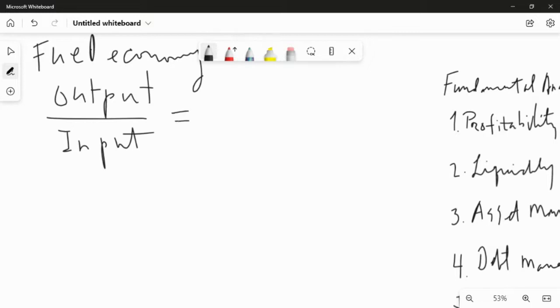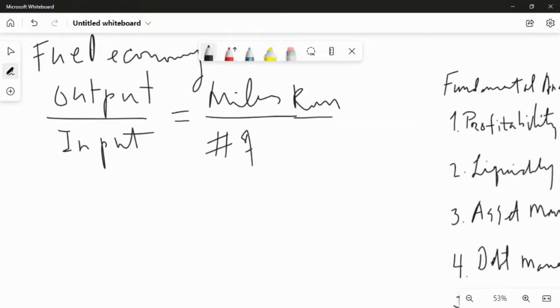Because fuel economy is basically how many miles run over the number of gallons. The amount of gasoline is the input, and the miles run is the output. There's no better way of measuring efficiency.